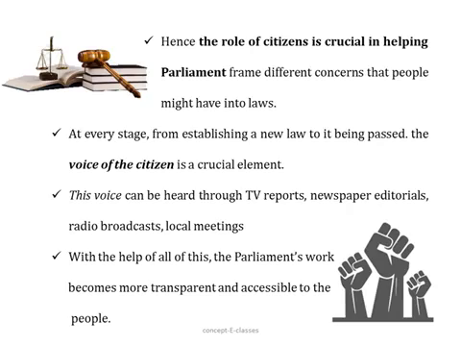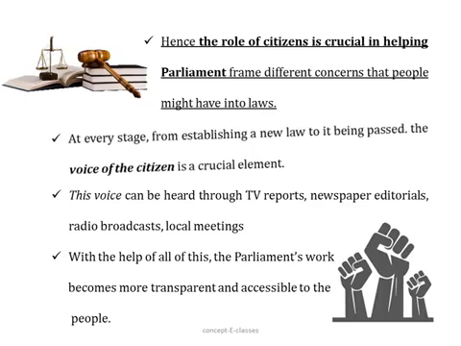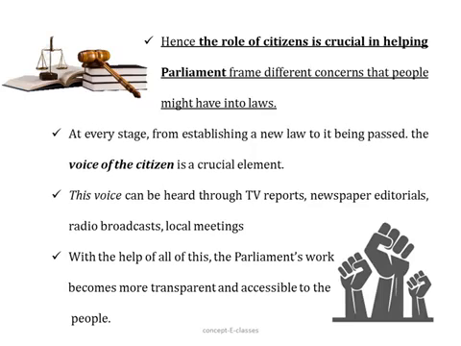Hence, from this example, we can know that the role of citizens is very important in helping the parliament frame different concerns that the people might have into laws. And at every stage, from establishing a new law till it is passed, the voice of the citizen is very important. And how can this voice of the citizen reach the parliament?